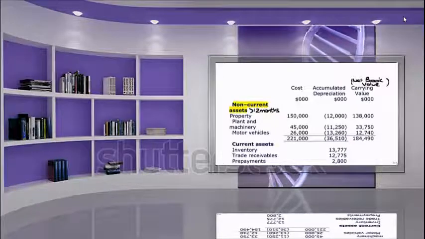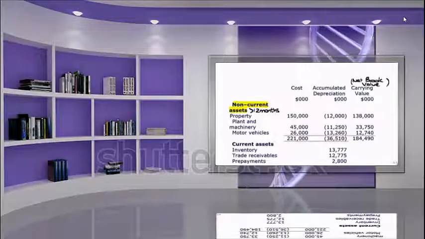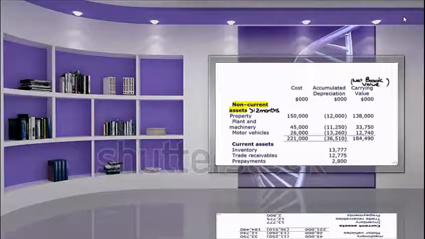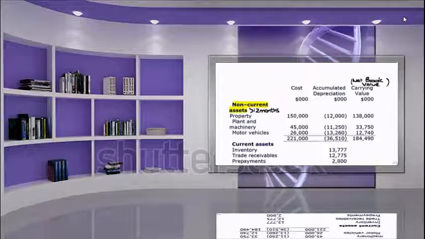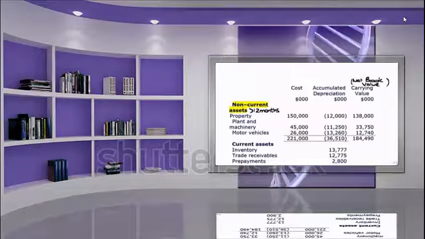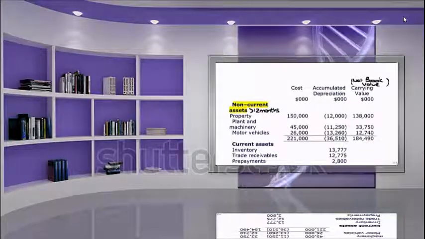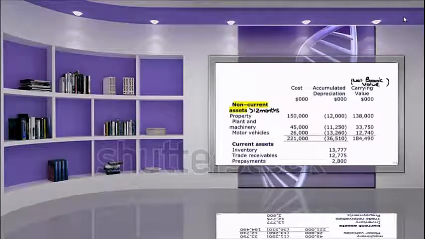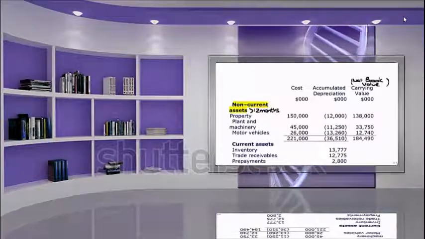Finally then, we have motor vehicles. So again, we'll record the motor vehicles at cost. Now motor vehicles definitely depreciate in value. You know, as soon as you drive that motor vehicle off the forecourt, it's already lost value. So we're going to have definitely some depreciation there that's accumulated, and then to give the carrying value.